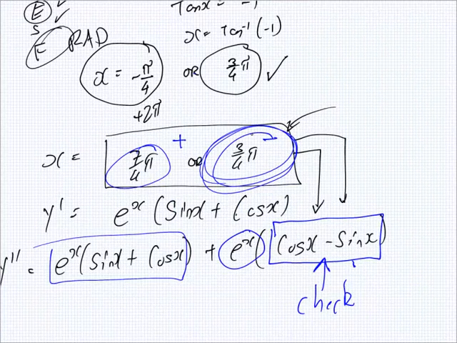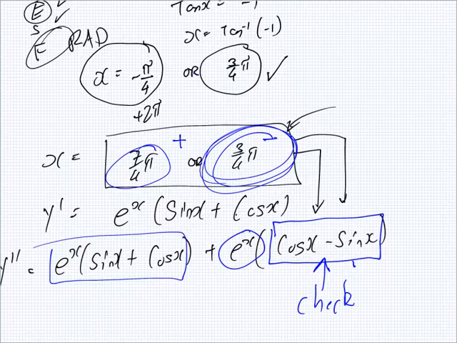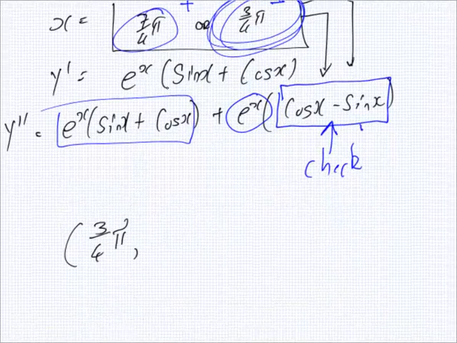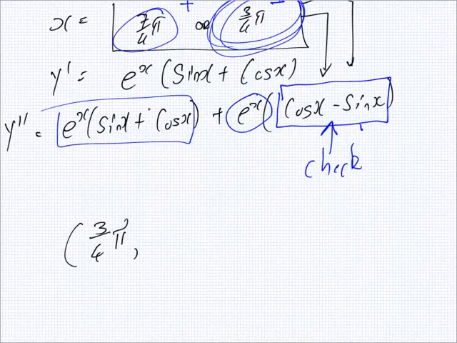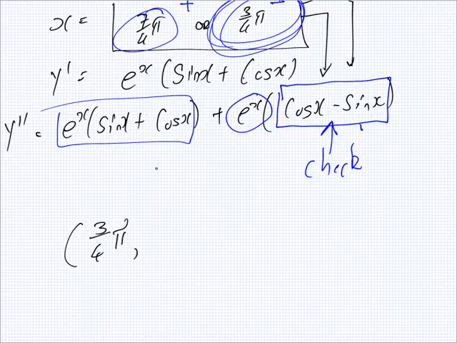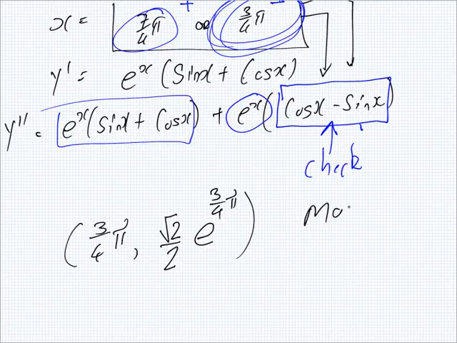Is it anything nice or is it ugly? Sine 3/4 pi? Ugly or nice? Nice. Yeah, what is it? Root 2 over 2. Great. I'll keep the e as an e. e^(3/4 pi). This is the maximum.